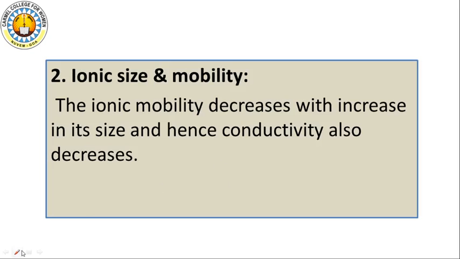It will form more ions. Next factor is the ionic size and mobility. The ionic mobility decreases. Mobility means the movement of the ions. The movement of the ions decreases with the increase in its size. If the ion is larger in size, it will not be able to move faster. Hence, the conductivity decreases.